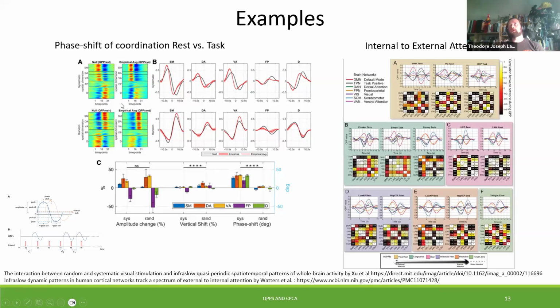The global aspect here is that, yes, we're just talking about how the networks dynamically change over time. It's a coordination that we're seeing, where these waveforms coordinate with each other and typically have these similar relationships of anti-correlation between the default mode and the task positive, or visual and somatomotor, which are usually coordinated and anti-correlated with the default mode network.